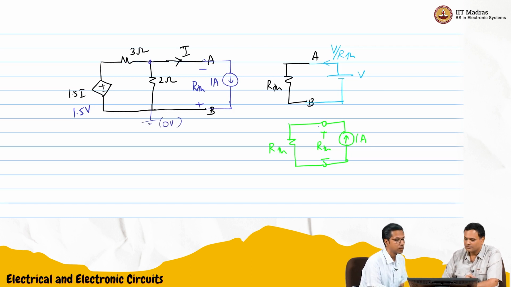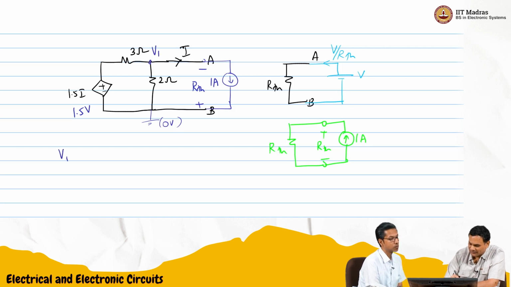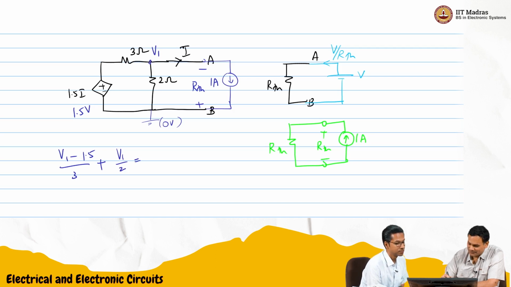This is your reference. Let's say this is V1. So (V1 minus 1.5) by 3 plus V1 by 2 is equal to minus 1 in this case.